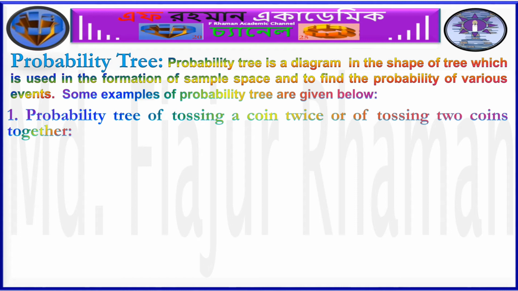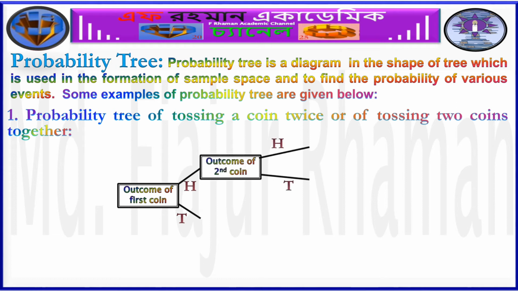For the first coin, we should draw a diagram with two hands, H hand and T hand. For the H hand, we draw a diagram with two hands for the second coin. And for the T hand, we should draw another diagram with two hands for the second coin.